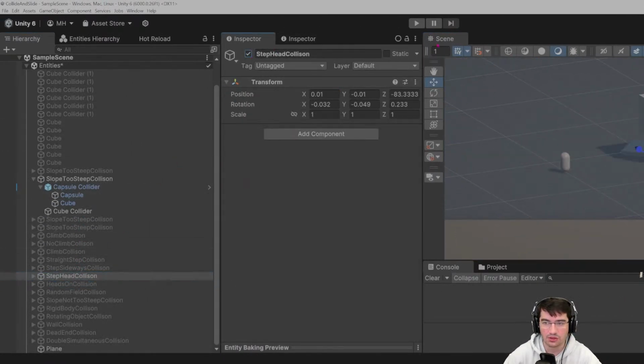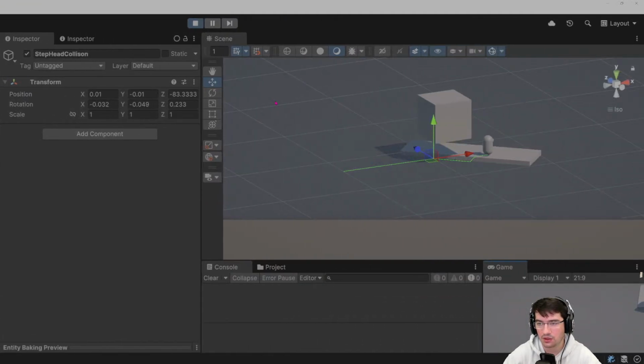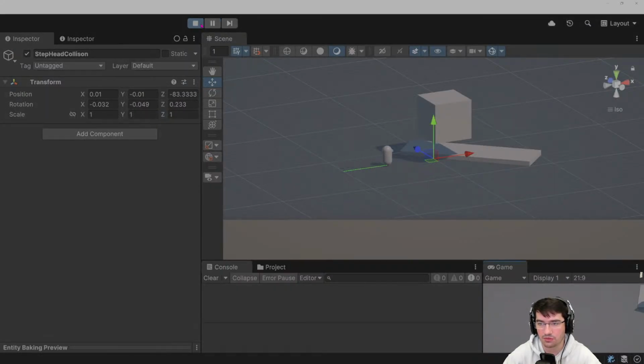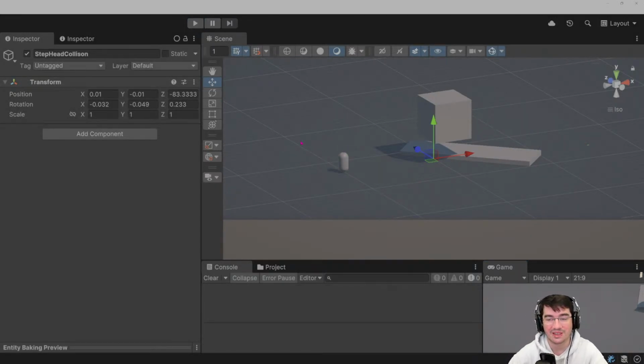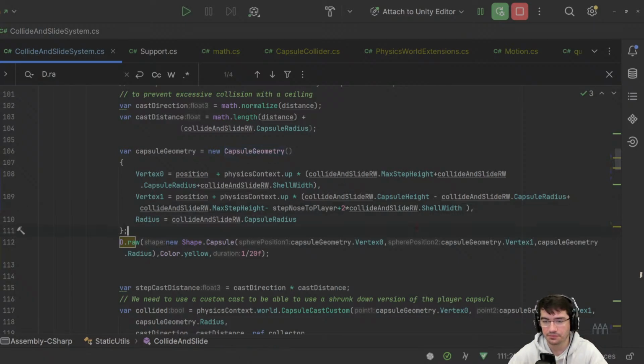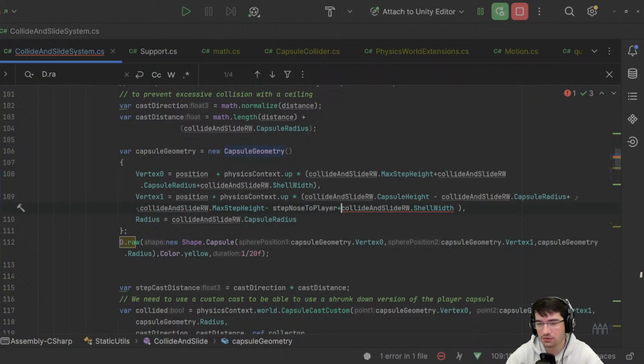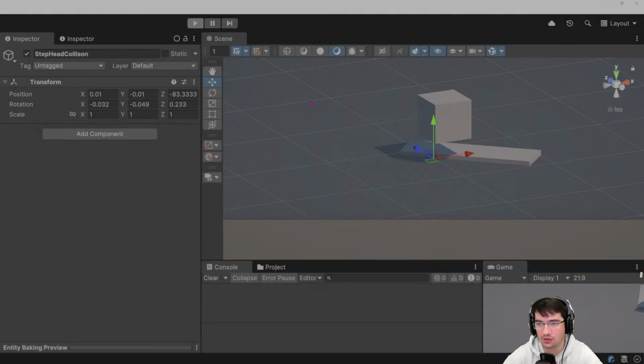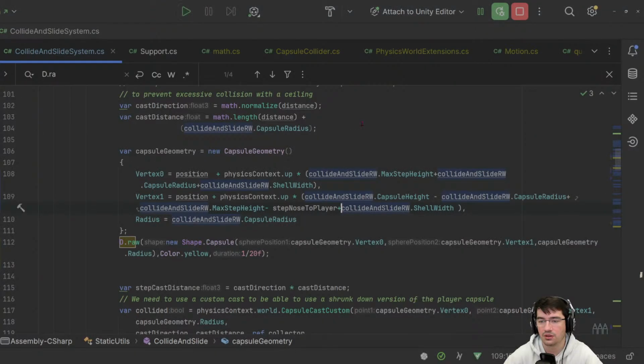Step heads on collision. This one is still working, and actually can this work with 2? Yes, which makes sense. Makes more sense, let's say. And can it work with 1? Not exactly. It was better with 2.